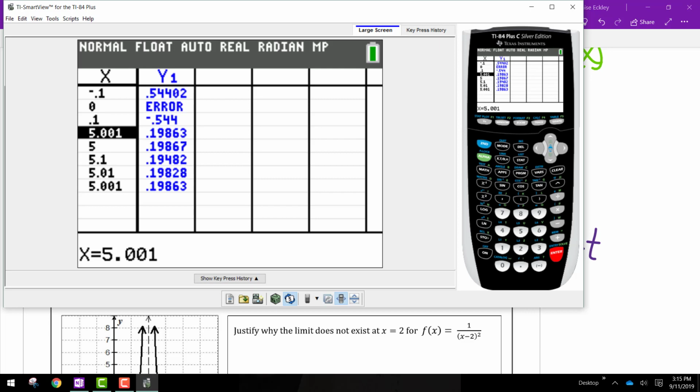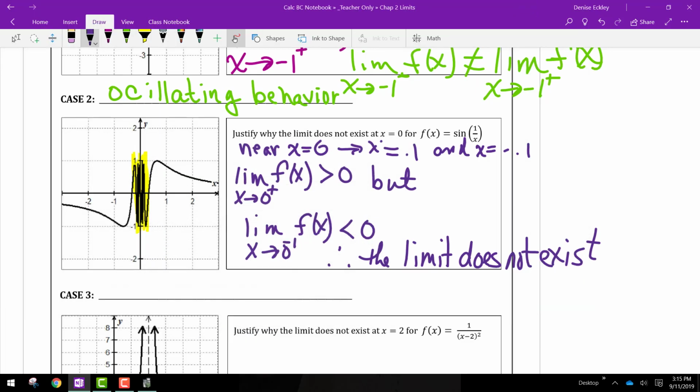So that's why we're oscillating back and forth. So if I put like negative 0.01 in, I have a positive value again, but if I put 0.01 in, I'm back to a negative value. So on and so forth. It oscillates back and forth.